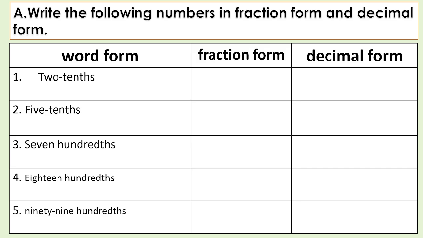Letter A. Write the following numbers in fraction form and decimal form. So we have here number 1, word form 2/10. So fraction form, we have here 2/10. In decimal form, number 2, 5/10.